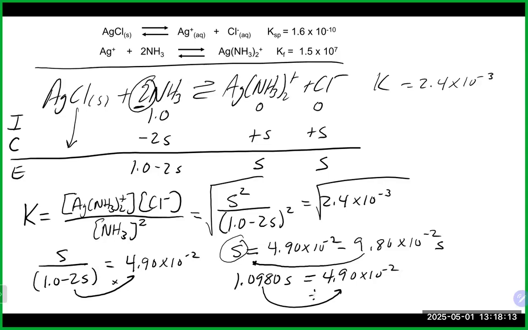Dividing now to the other side, that is going to get us a molar solubility of, we'll call it 4.46 times 10 to the minus 2 moles per liter, or the molar solubility here.